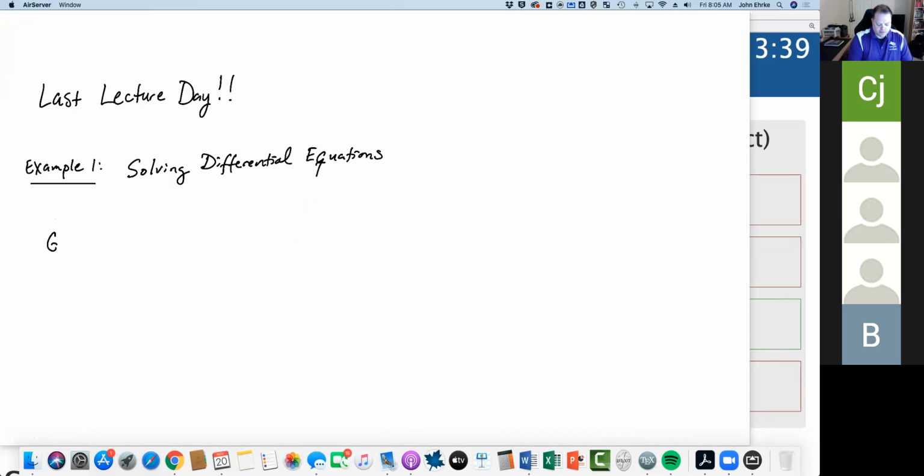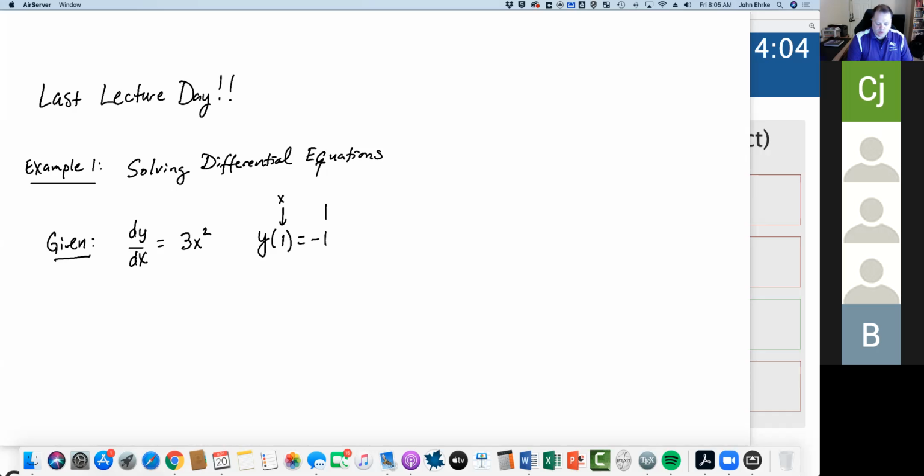Here's what you were given. In this problem, you were told that the derivative of y with respect to x was equal to 3x squared, because you were told the slope at every point was 3x squared. You were also given a point of information. You were told that y at 1, so when x is 1, y is -1.